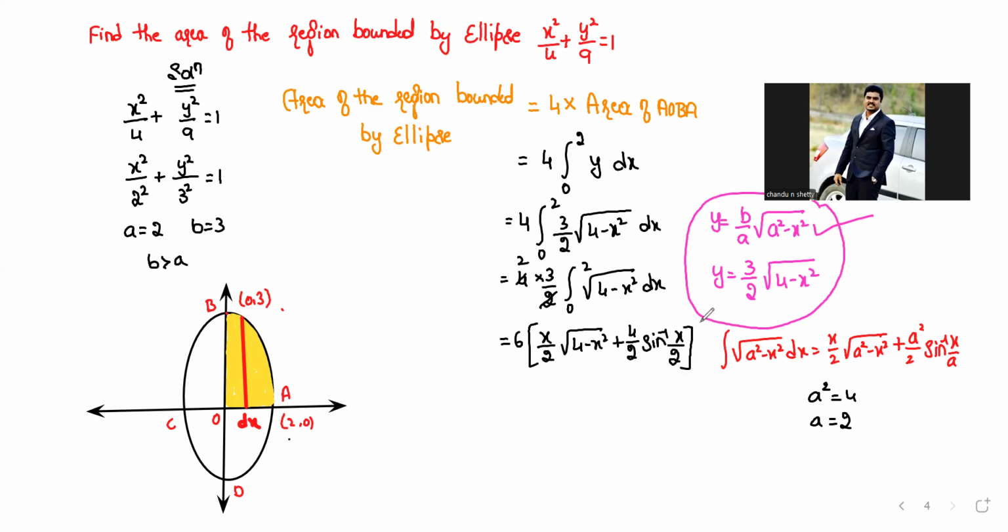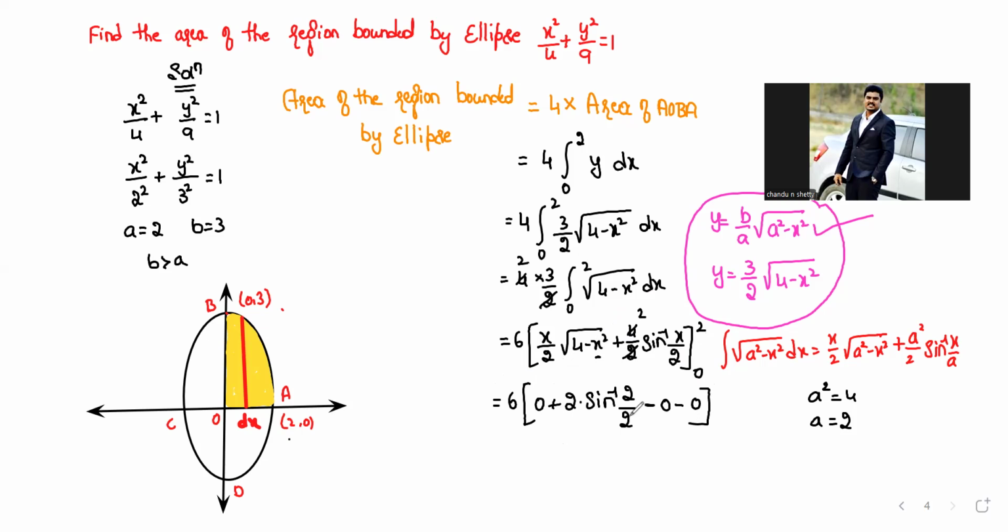Upper limit is 2 and lower limit is 0. When you apply 2 to x square, 2 square is 4, 4 minus 4 is 0. Now 2 ones are 2, so plus 2 into sine inverse 2 by 2. Now the lower limit, minus: when you apply 0, 0 by anything is 0, 0 into anything is 0. Minus, sine inverse of 0 is 0.